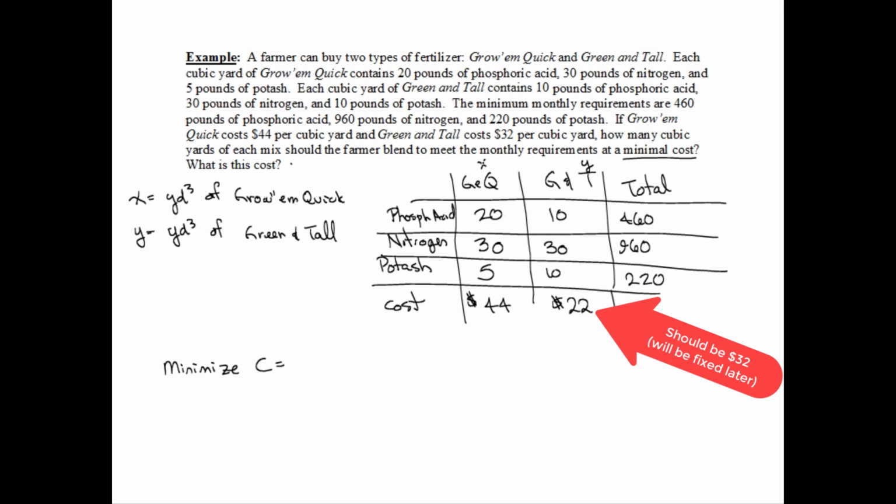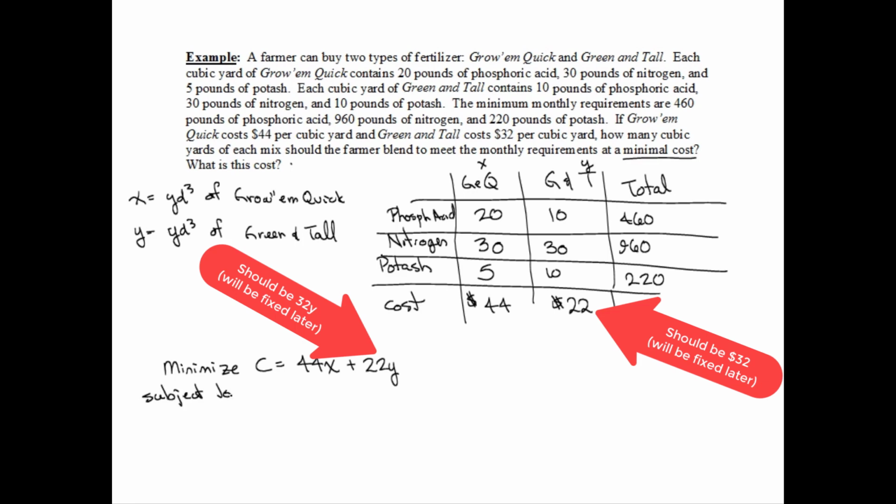We know that each cubic yard of Grow 'em Quick costs $44. There are x of them, so we will spend $44x on Grow 'em Quick, and we're also going to spend $32y total on Green and Tall. And we're going to be subject to these constraints.